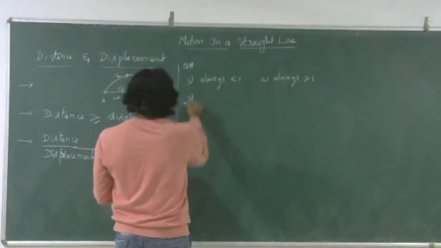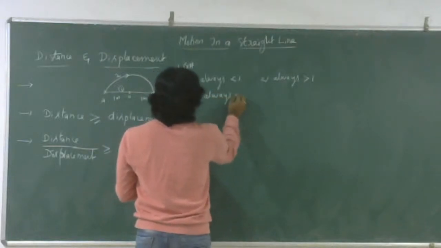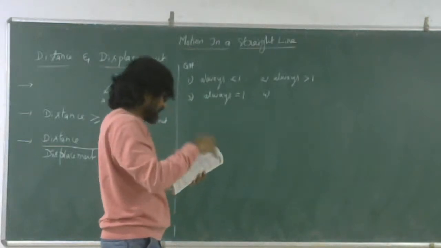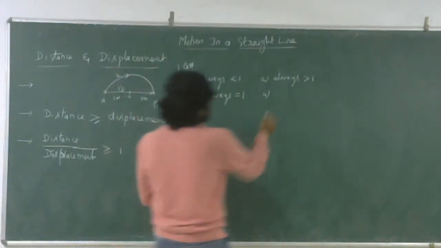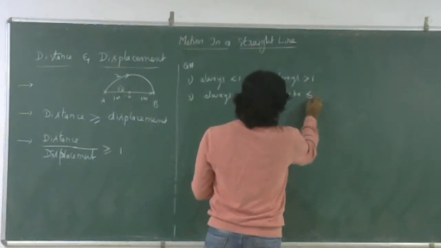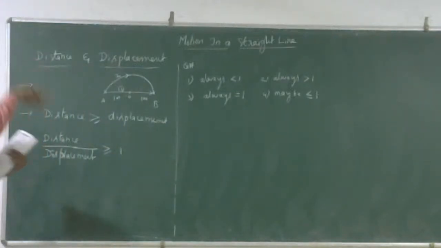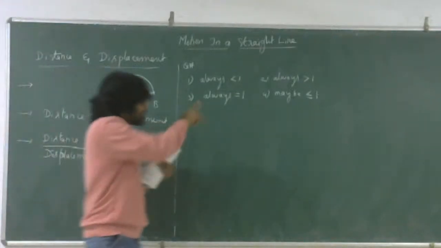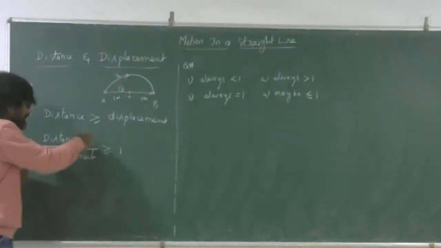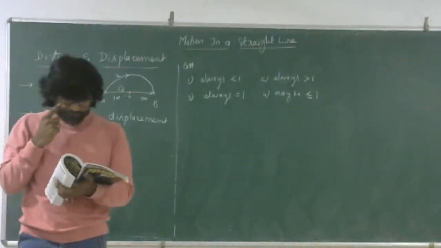Third option, always equal to 1. Fourth option, maybe less than or equal to 1. What ratio is asked? Displacement to distance. Displacement can be less than or equal. If instead it is distance by displacement, it should be greater than or equal to 1. Got it? Right. Next question.